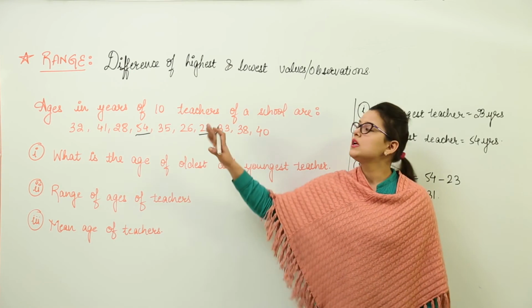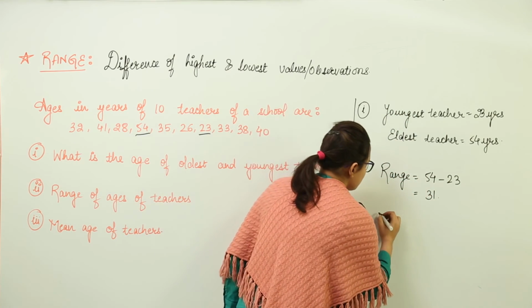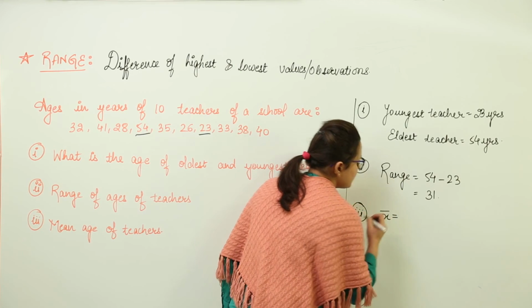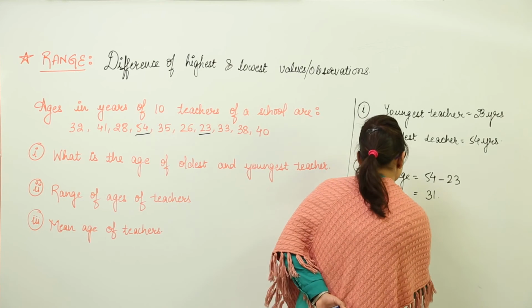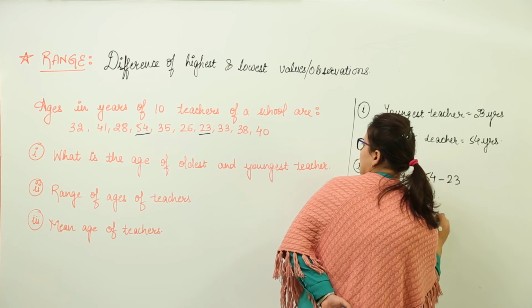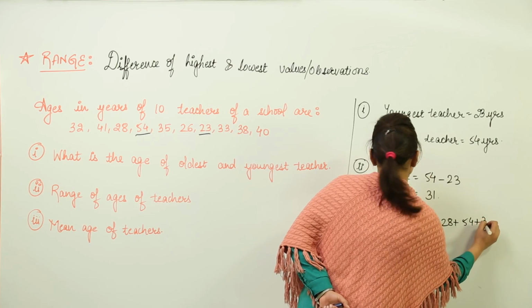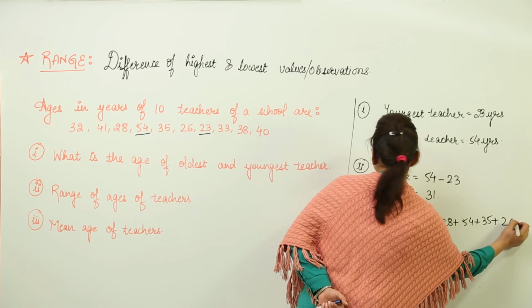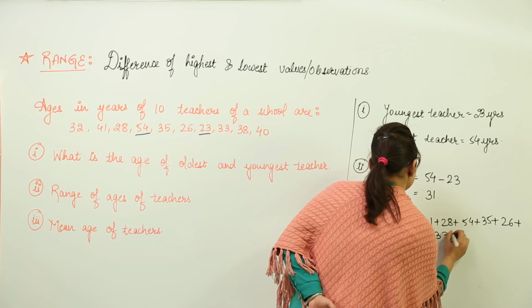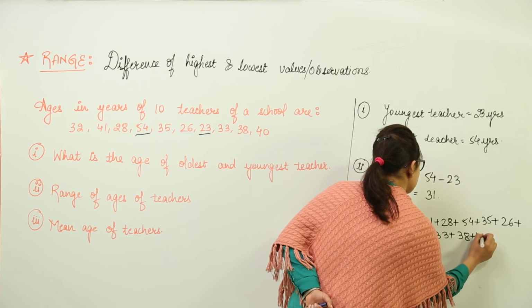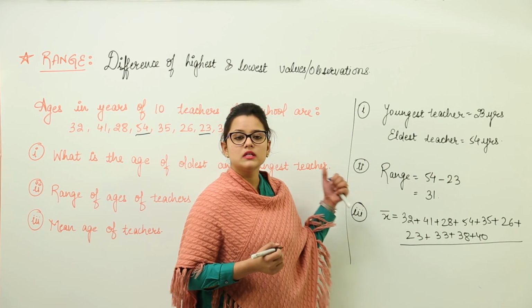Now the third part of the question says you have to find the mean age of teachers. That means the data has been given to you, you just have to find the mean for this data. So we calculate the mean by adding up all the observations, that is 32 plus 41 plus 28 plus 54 plus 35 plus 26 plus 23, and so on, and dividing by the number of observations.